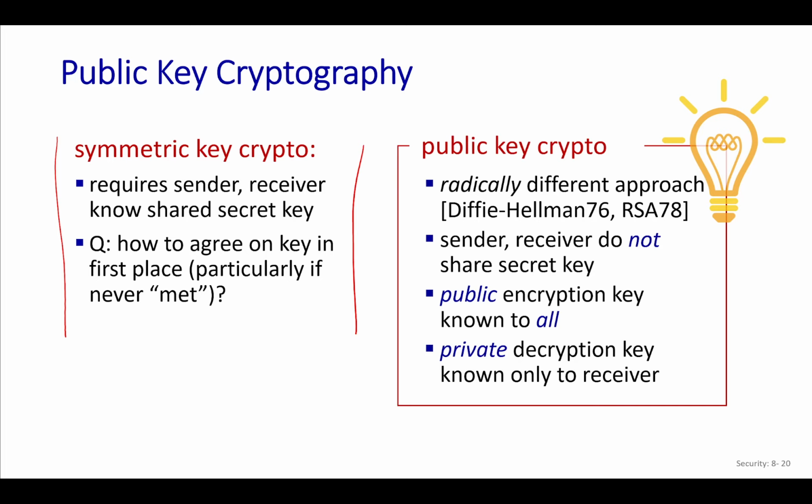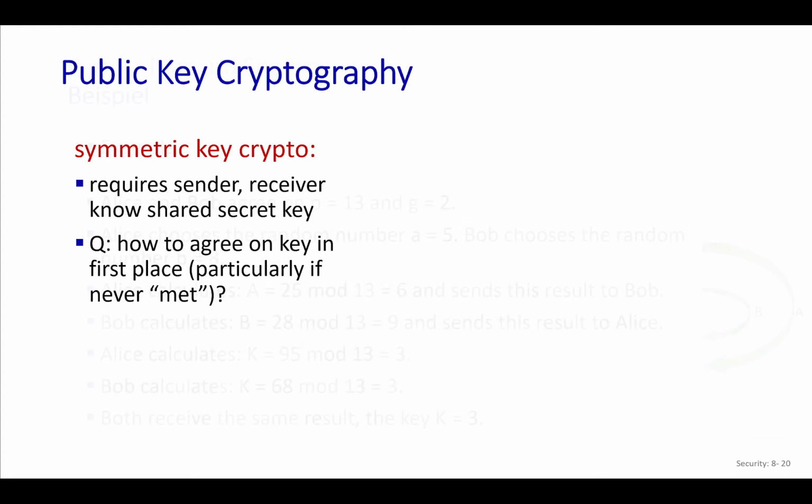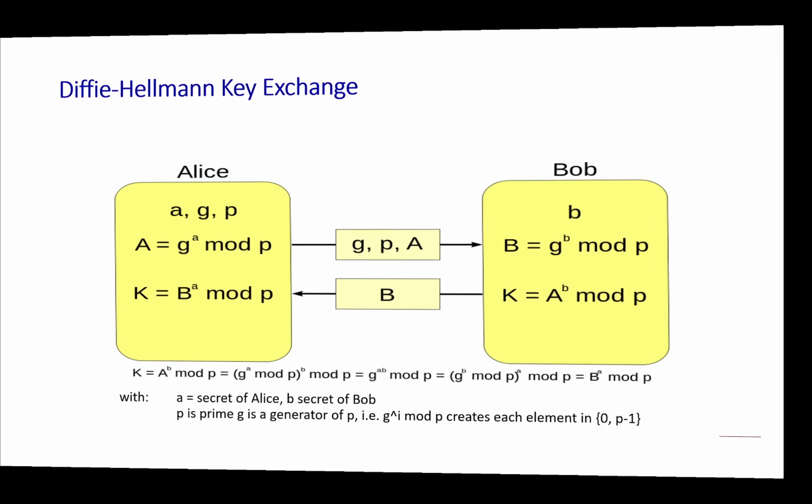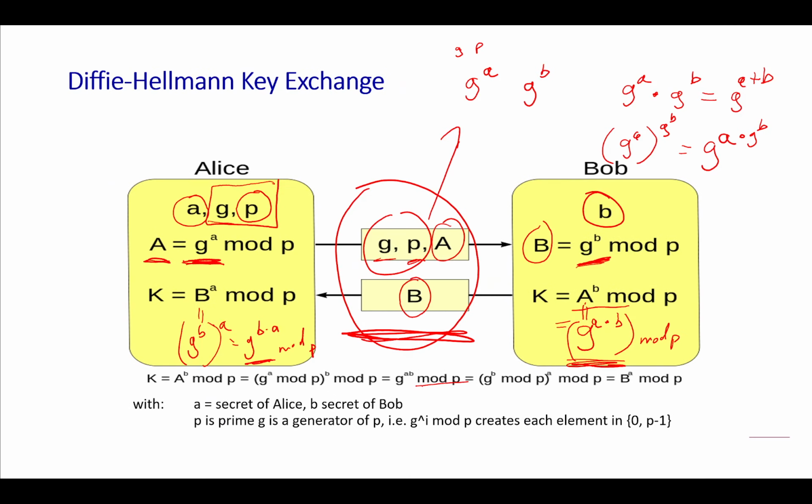So one of the problems is still that Alice and Bob have individually to exchange a key. So every two communication parties need to exchange some information, and at this point, do we really know whether this was Bob that we received the message from?